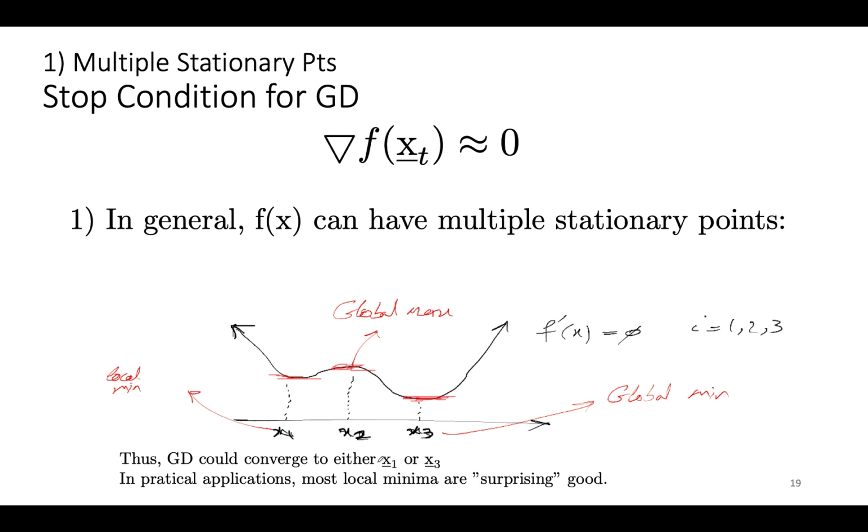In practice, we have found that generally, most of the local minima are surprisingly good, okay? We might just end up in the first local minima and the results are still good enough for us to accept. If not, we can just always reinitialize the points from another place, okay?